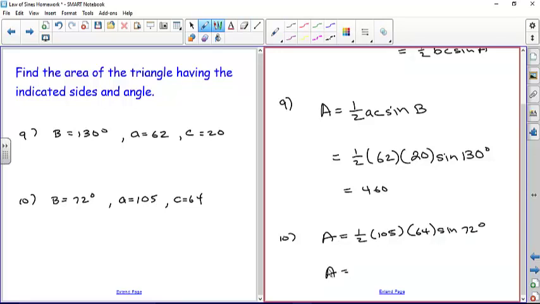So 0.5 times 105 times 64 times the sine of 72 degrees, and I get 3,195 units. Let me double check those. Okay, I just realized I plugged the wrong number in here. If you plug in 62 instead of 60, you get 475. Otherwise, they're correct.